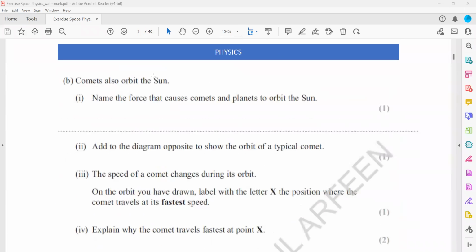The next part: comets also orbit the sun. Name the force that causes the comets and the planets to orbit the sun. What force caused the comets or the planets to orbit the sun? What do we call that force?